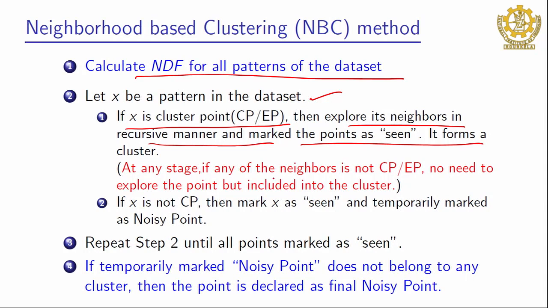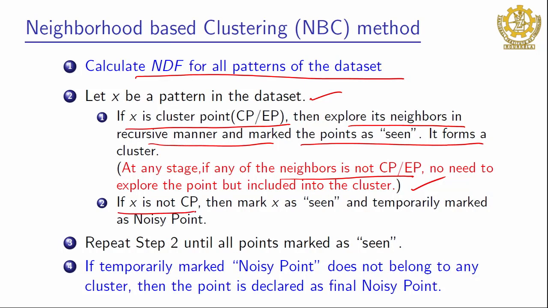At any stage, if any neighbor is not a core point or event point, there is no need to explore it further, but include the point in the cluster. Earlier we temporarily marked such a point as a noisy point; similarly, you mark this point, because it is actually a border point, but do not explore it further.